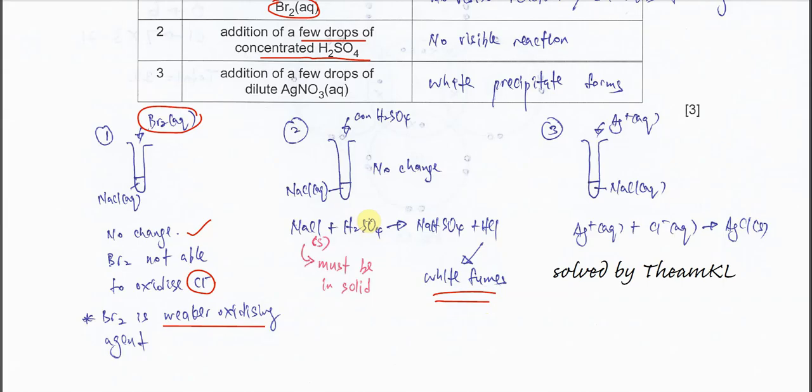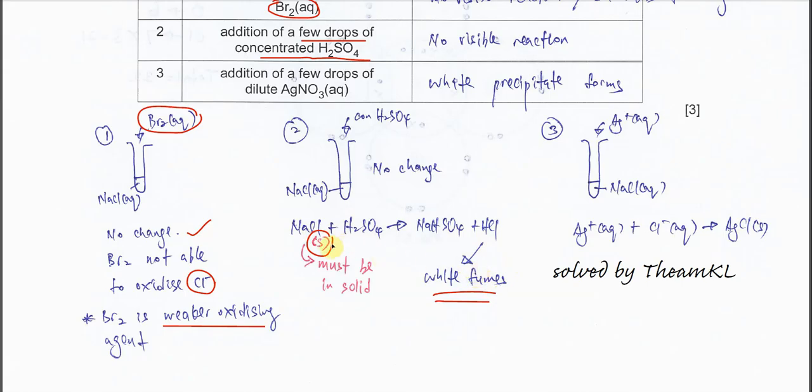But you have to understand that the few drops of concentrated H2SO4 is not added to a solid, it's added to a solution. When concentrated H2SO4 is added to a solution, it will not really react with the sodium chloride and form white fumes. So no white fumes will be formed.